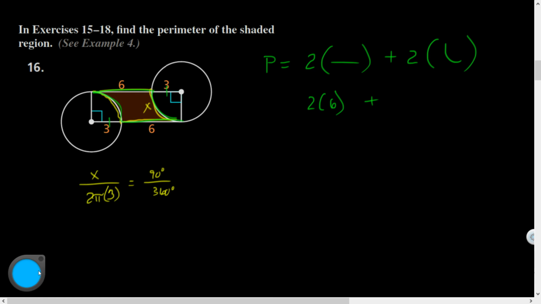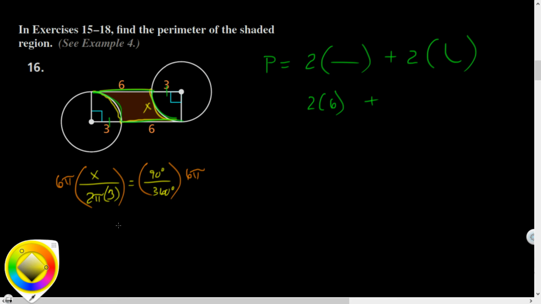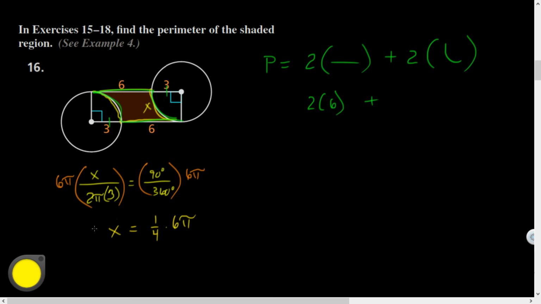Let's just multiply both sides by 6 pi. And I will get x equals 90 over 360, which is 1/4. So that's the same as 1/4 times 6 pi. And 1/4 and 6 I can cancel out by what number goes into both of those? 2. 2 goes into 4 twice and into 6 thrice.